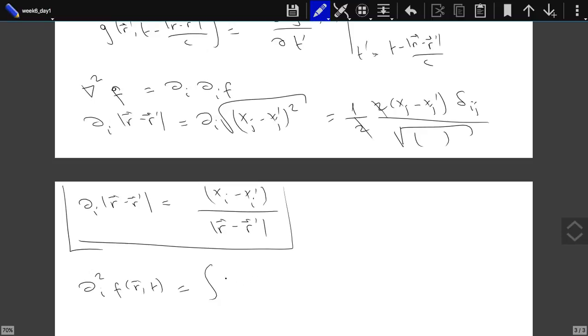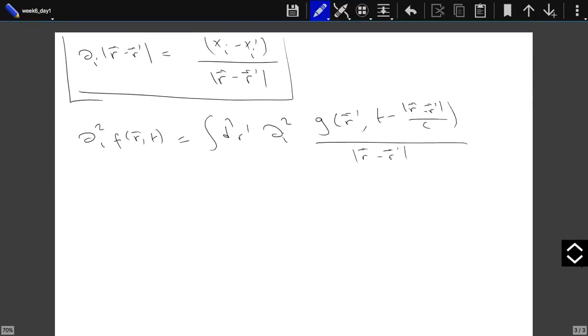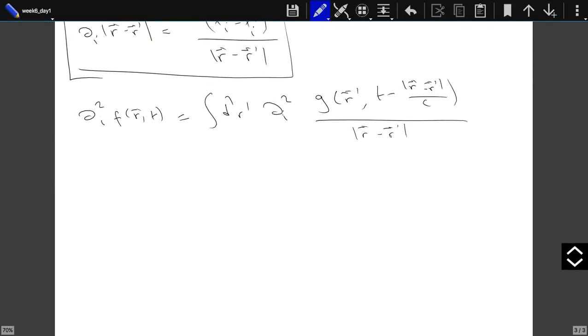This is equal to the integral d cubed r prime of g of, well, I'm taking the derivative with respect to the r coordinate. So I can just put it inside my integration because my integration variable is just r prime, not r. The arguments are r prime and t minus the magnitude of r minus r prime over c, divided by the magnitude of r minus r prime. Now let me take the derivatives.